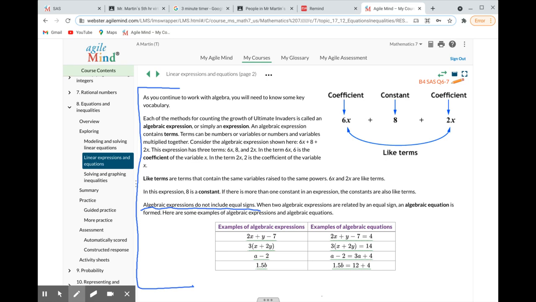Look at it real close. What do equations have that expressions do not?